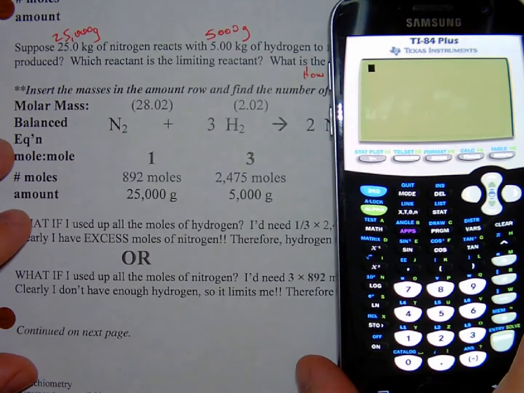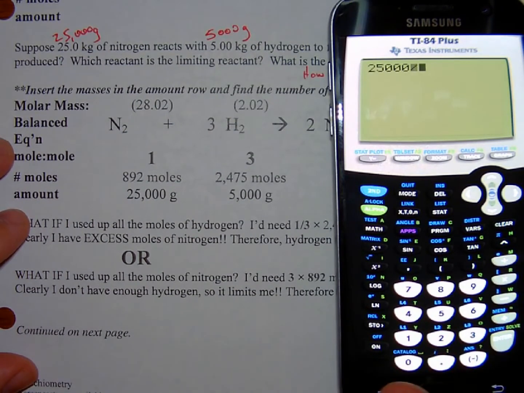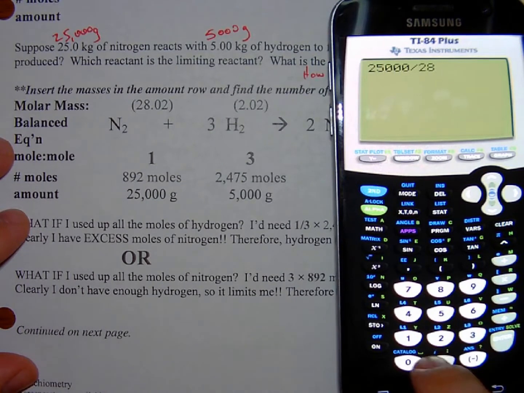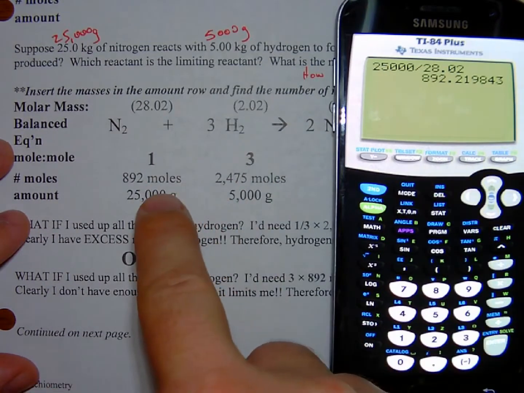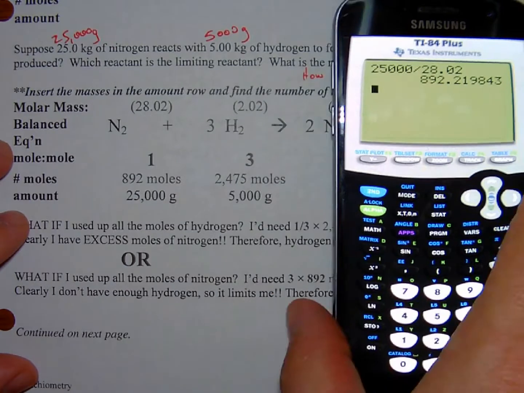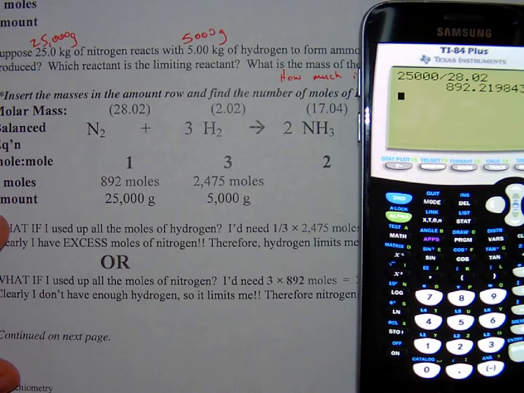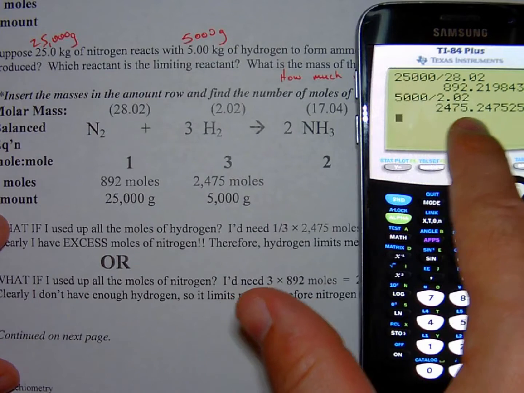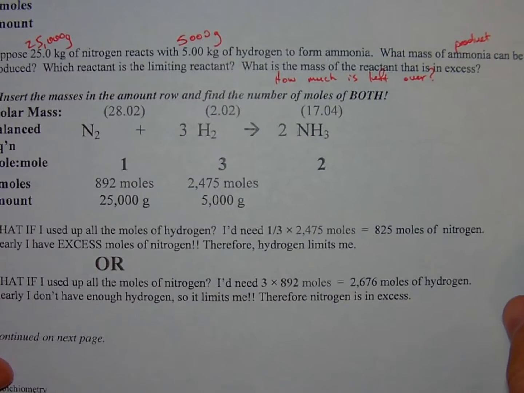Let's see, so we know that we have 25,000 grams. We're dividing that by our molar mass. Come up with 892. All right, so we're cool there. 5,000 grams of H2 coming in at 2.02. We have 2,475 moles. Okay.